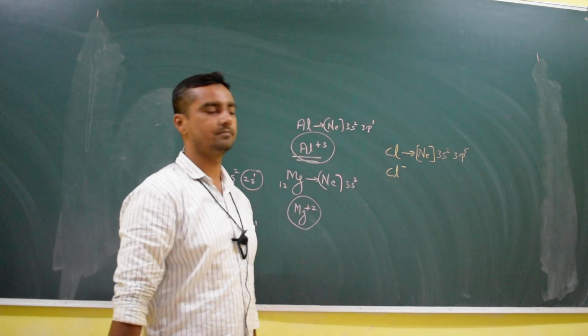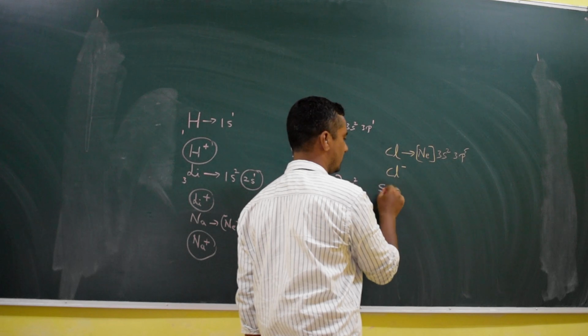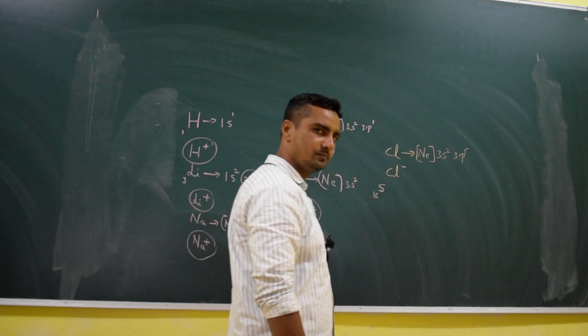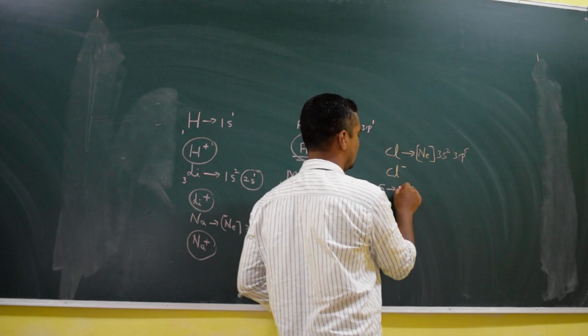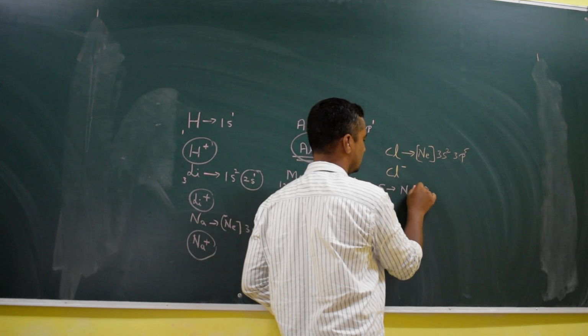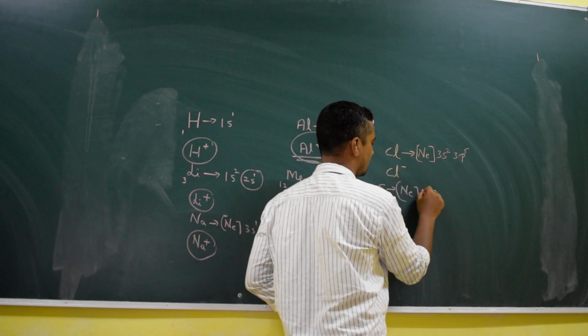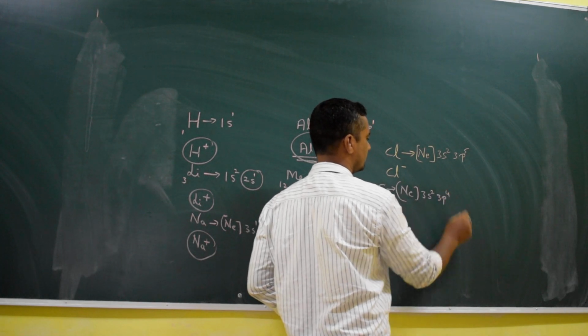This is an anion. So one more example I will give. Here, that is sulfur, atomic number 16. Right. So that is neon and 3s2, 3p4.